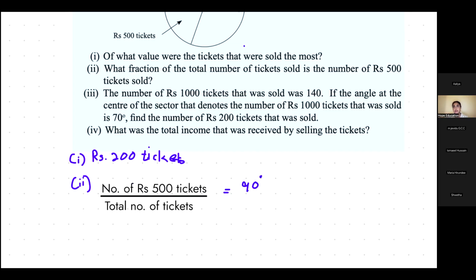Total number of tickets are represented by the total circle, that is 360. Angle also represents the value, right? So 0, 0 cancel, 9 times 1 is 9, 9 times 4 is 36. So we should get the fraction as 1 over 4. Is that clear to all of you?